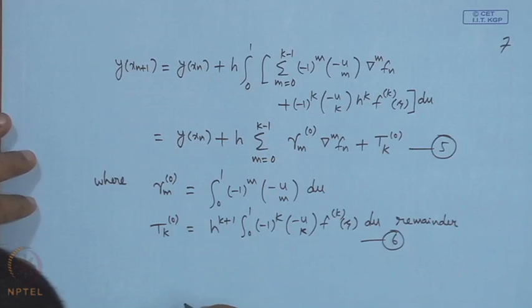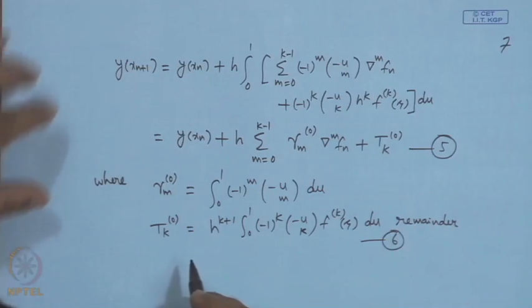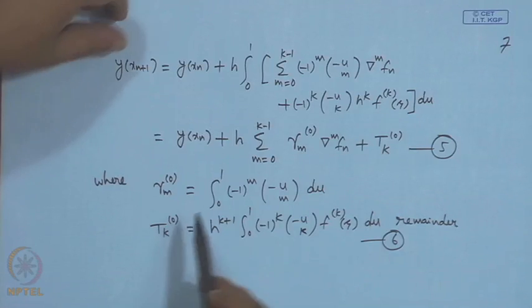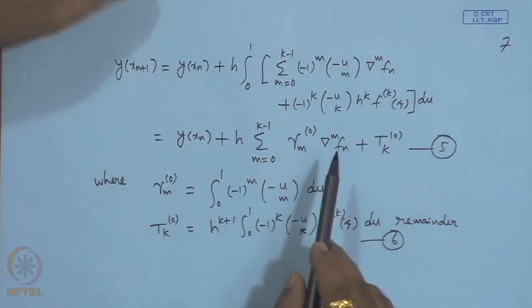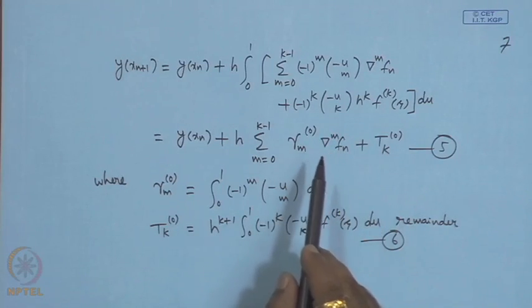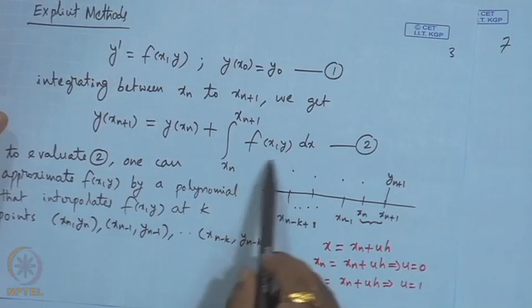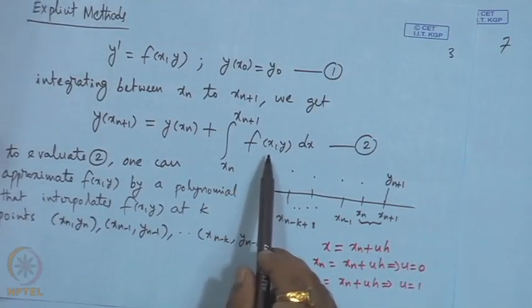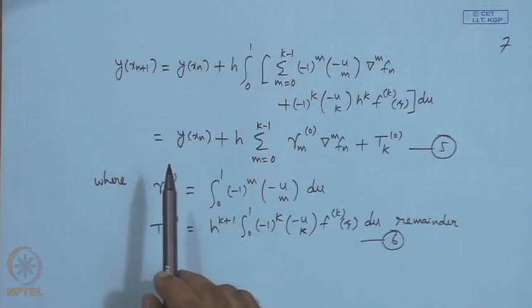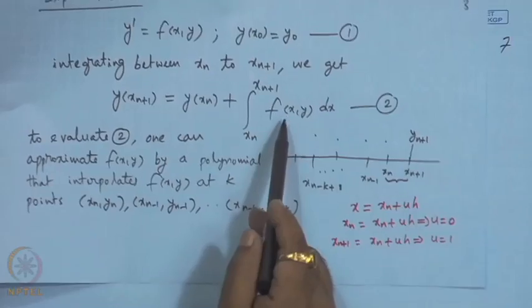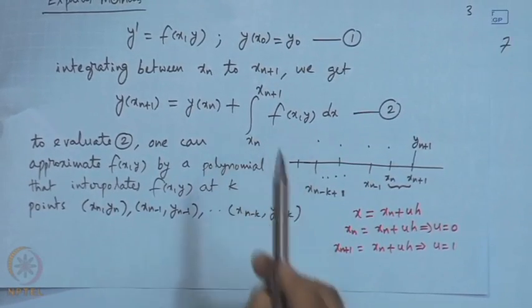Right. So, try to follow carefully. So, y x n plus 1 is, we have approximated the integrand by a polynomial using k past points, and we got a polynomial of degree k minus 1, and that has been substituted in the integrand.